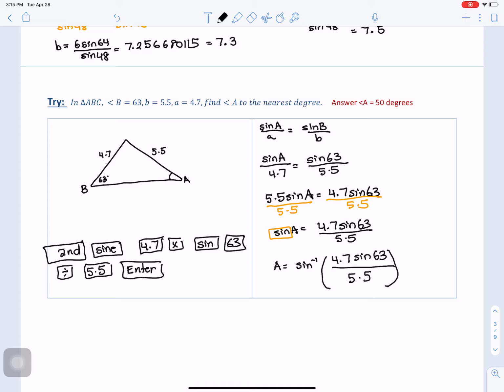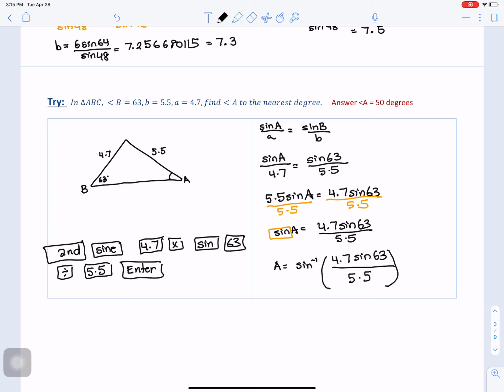So 4.7 times sine 63 divided by 5.5 is 4.36. I've made a careless error. So 4.7 times sine 63.